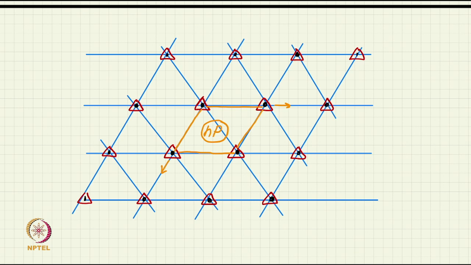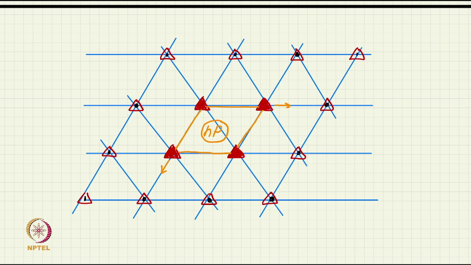This triangle, I have used this as a triangle, but it can be a motif with any of those 5 point groups. But finally, since their threefold is along the C axis, these axes will get converted into threefold.